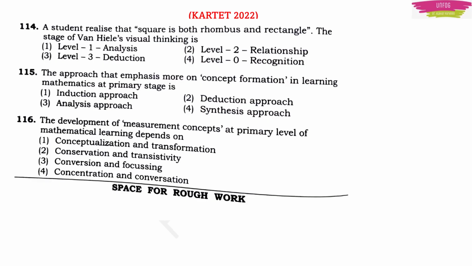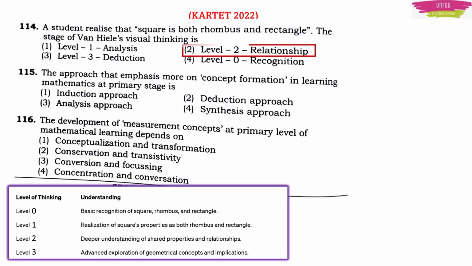Okay. So the correct answer to this question is level 2 relationship, because level 0 means basic recognition. For example, if you are talking about square, rhombus and rectangle, if the student is recognizing that square, rhombus and rectangle are there, so if he knows those properties, it is level 0. Then the next level of thinking is realizing that these properties are both rhombus and rectangles also. So that is level 1.